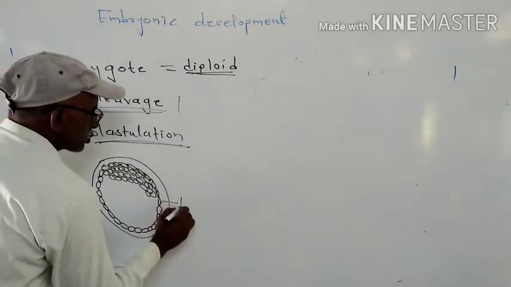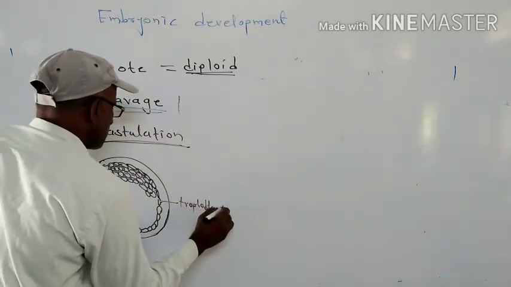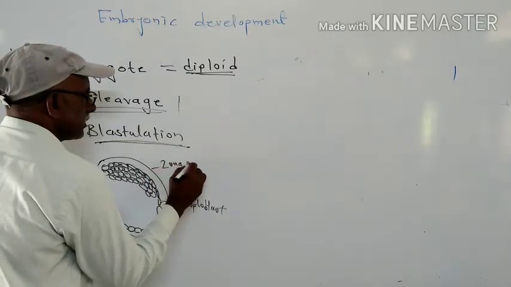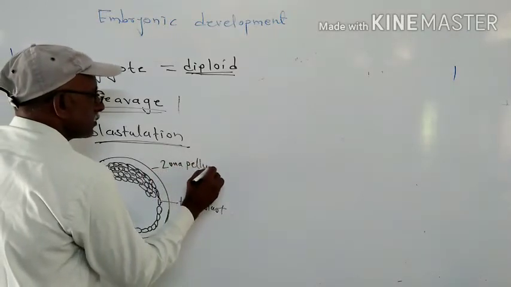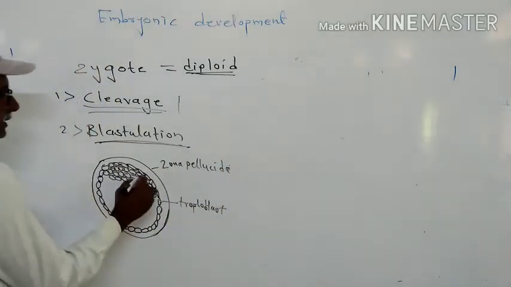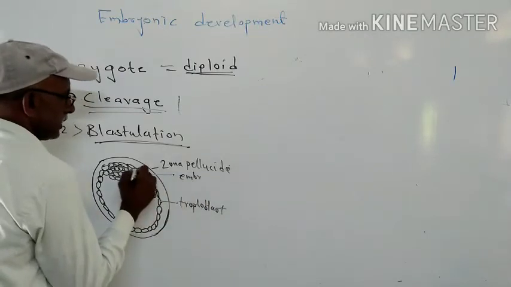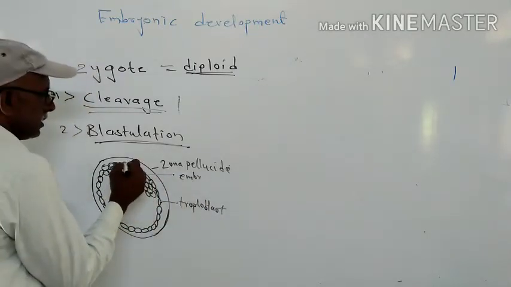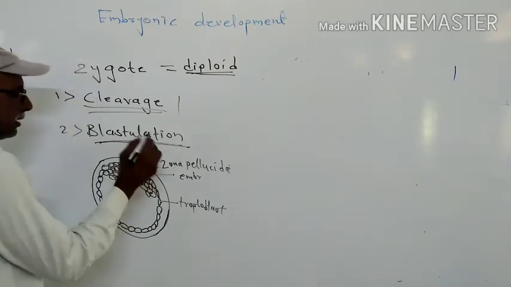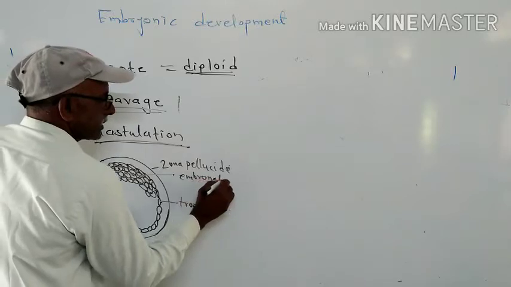These are called trophoblasts. This is still attached to the zona pellucida. The inner ones, which are attached to the trophoblast cells, are called embryonal cells.